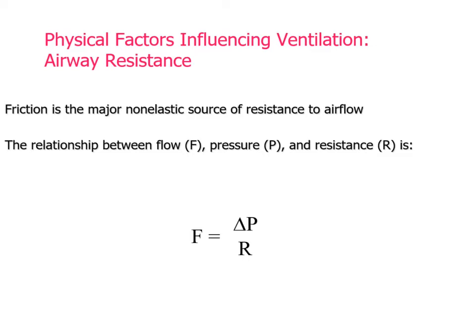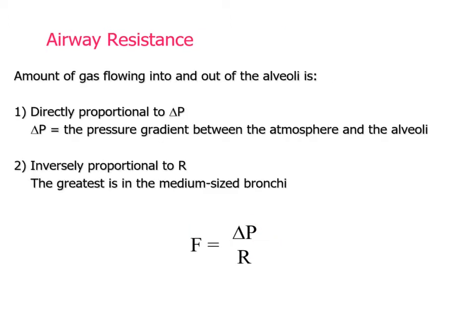The driving force, of course, is the pressure gradient, the difference in pressure from one side to the other. So flow is equal to delta P, the pressure gradient, divided by resistance. The amount of gas that can flow into or out of the alveoli is directly proportional to the pressure gradient and inversely proportional to resistance to flow.